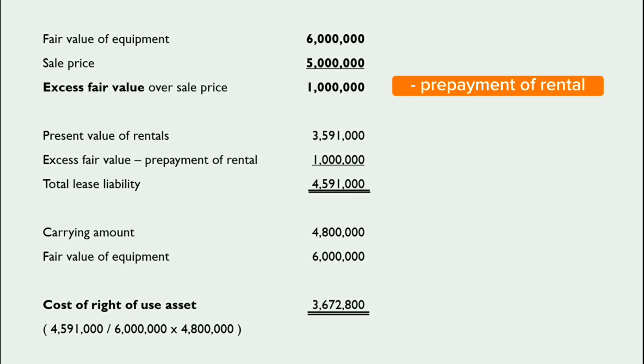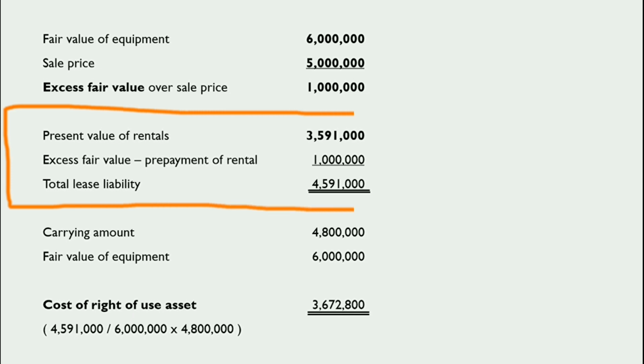And it will turn out like this, that 1 million excess fair value or prepayment of rental will be added to the present value na 3,591,000, and that gives us the sum of 4,591,000, and that will be our total lease liability.